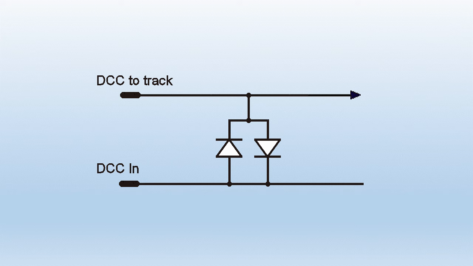That means that the DCC signal always has a way to pass through regardless of the polarity. If there's no loco in that isolated section, there is no load and no current flows through the diodes. There is no voltage to feed back into the detection circuitry.